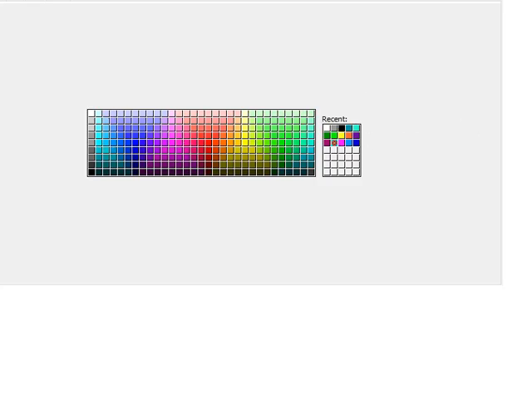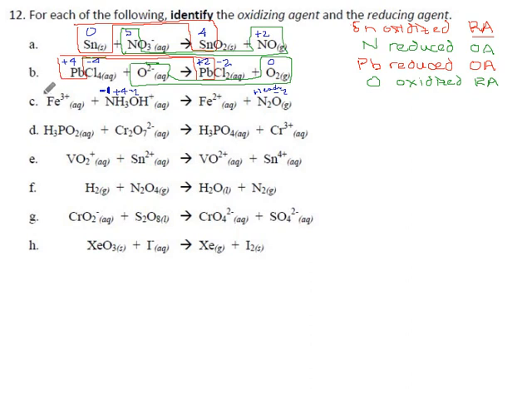So what are the stories in this? Iron, of course, went from 3 down to 2. So iron was reduced, which means it must be our oxidizing agent. And what else changed?